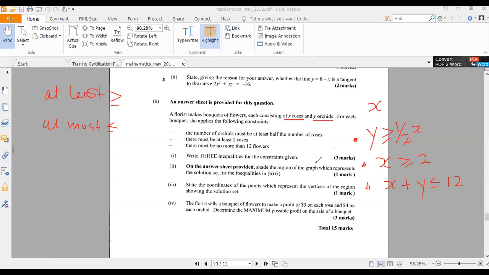You just watch what we are going to do, then later you screenshot it. Whenever you have time, at least find one graph paper and do the same. Is that okay? All right. So I'm going to look for my graph paper. Somebody write these 3 inequalities for me. Is that okay? Yes, sir.